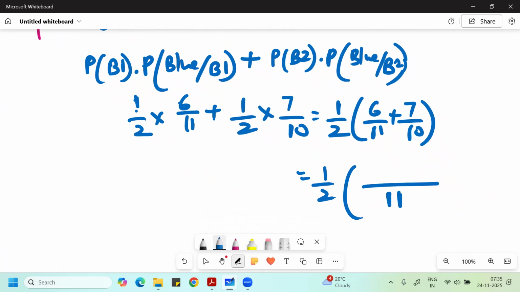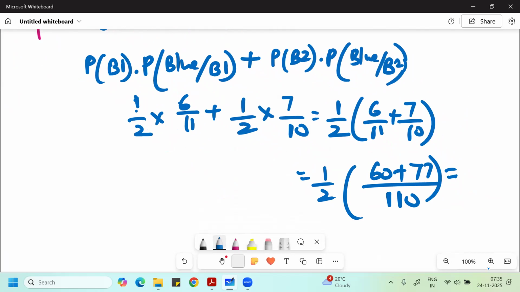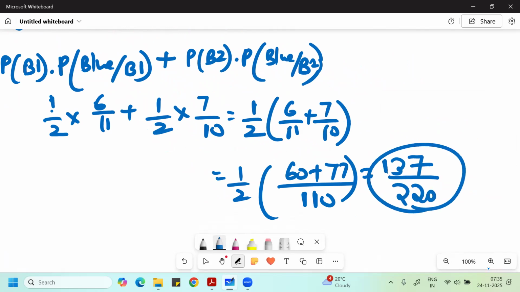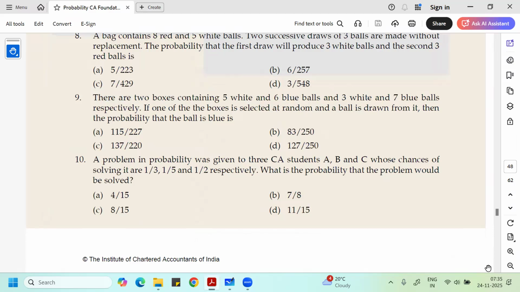The LCM would be 110. 60 plus 77, it would be 137 by 220. The answer for this is option C, 137 by 220.